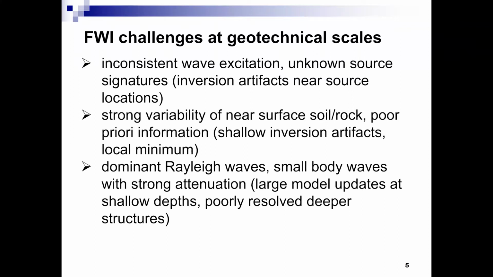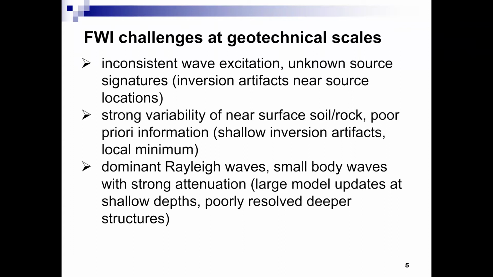And the biggest challenge is the dominant wave, the Rayleigh wave, at small scale. Two thirds of the energy is converted to the Rayleigh wave, and the body waves that propagate up and down, refracted, are small. We want to increase the contribution of the body wave.